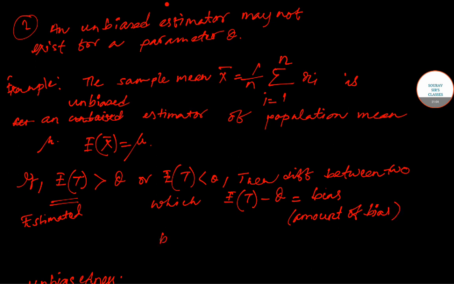So we can write formally B(T) equals expected value of T minus theta.